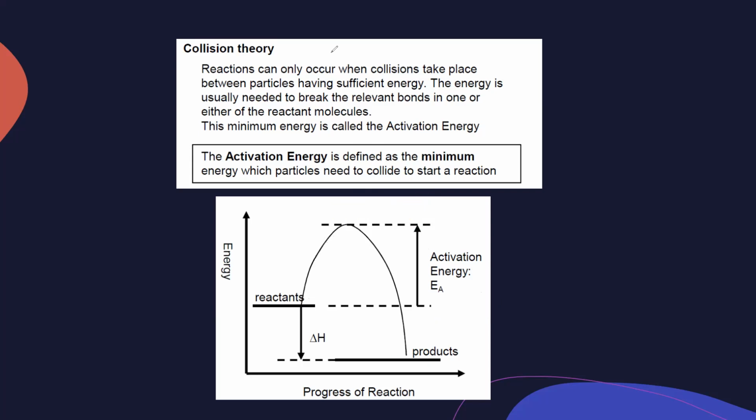Then we have a Maxwell-Boltzmann distribution graph for the distribution of the energy between the particles. This is also known as a Maxwell-Boltzmann graph.